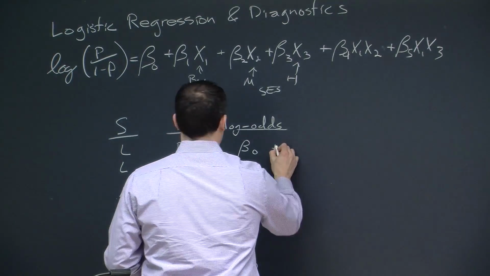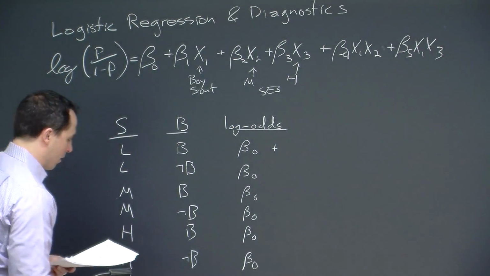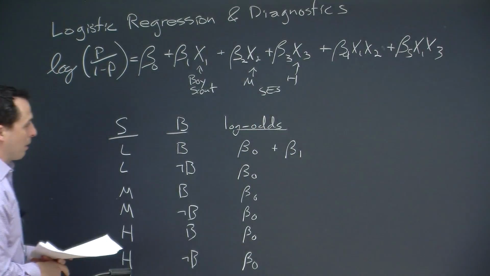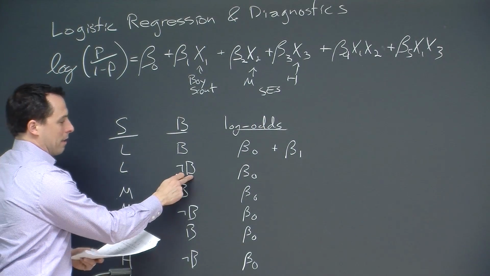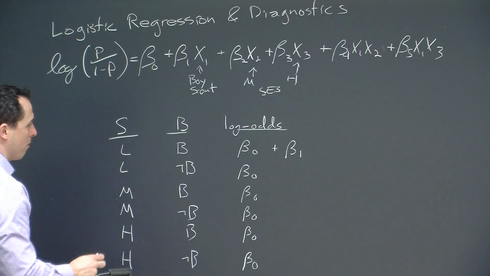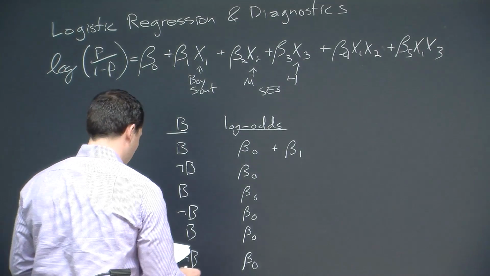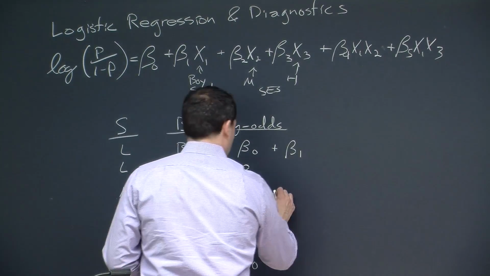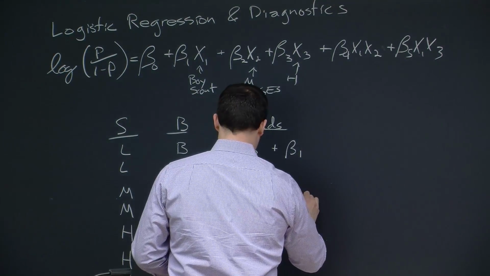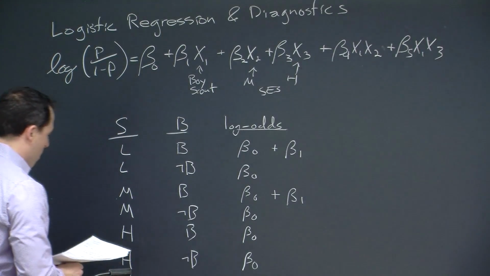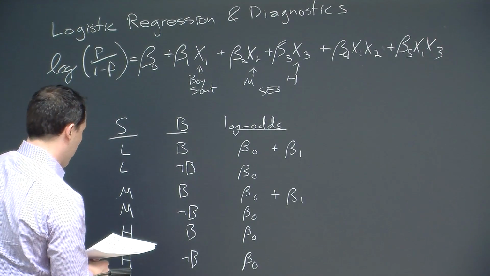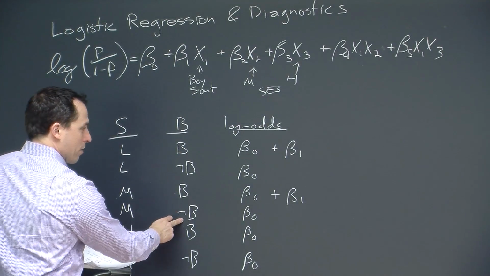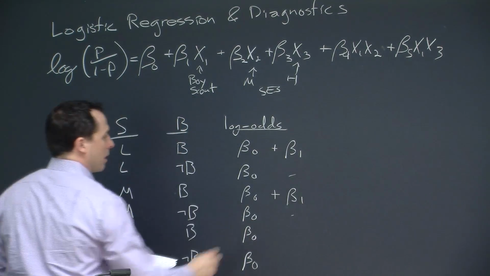So if I have low and just Boy Scout, this would be beta not plus beta 1. This would be the baseline, where this is no and this is the 0 for both dummy variables. If I have medium and Boy Scout, I still have my beta 1. And there's no beta 1 here, similarly.